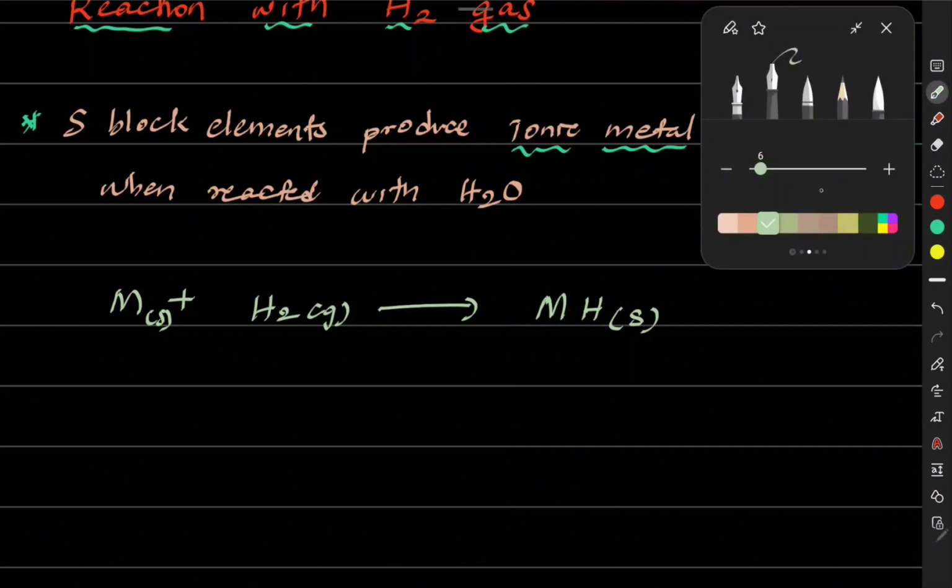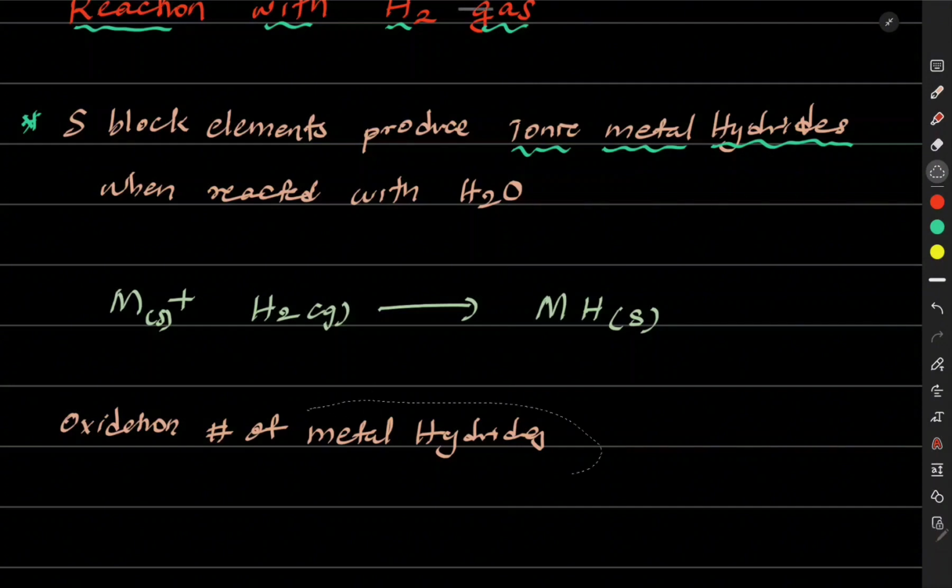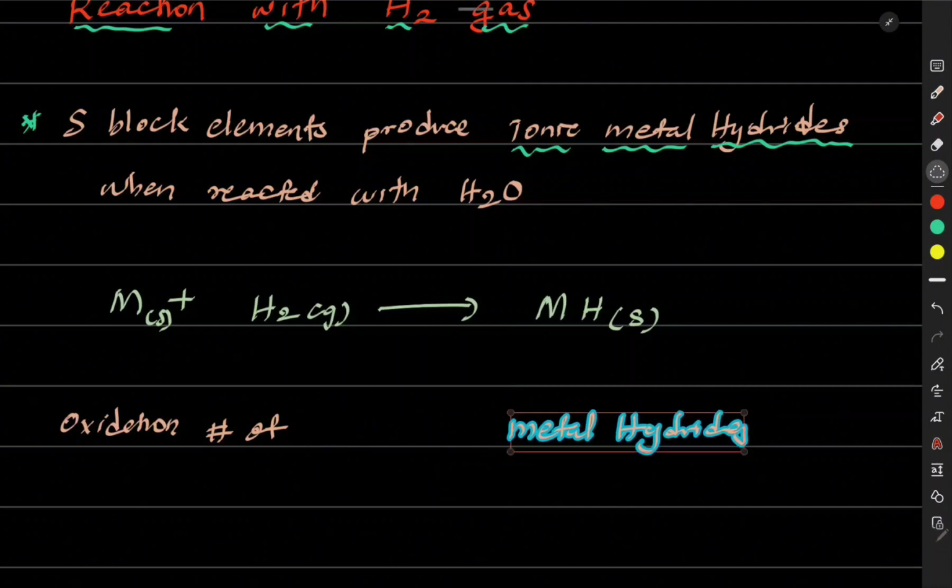The hydrogen in the metal hydride has an oxidation number. Oxidation number of hydrogen in metal hydride is -1.